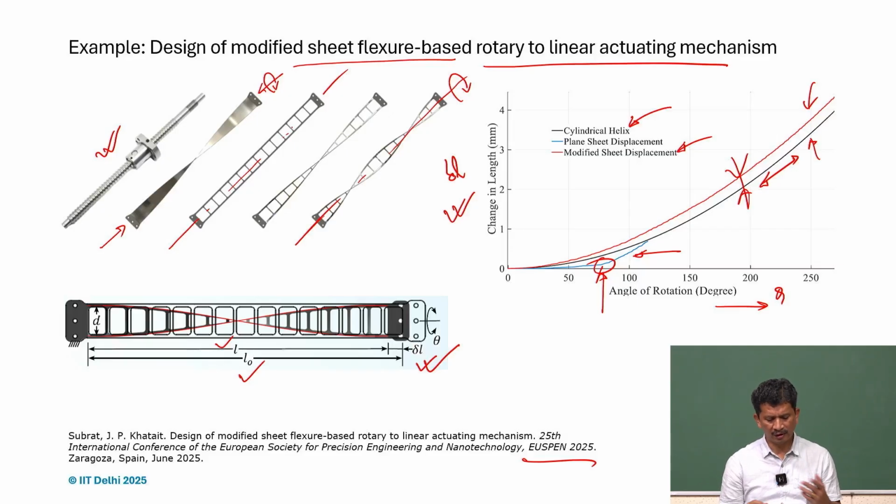These are things we can always try in our laboratories, or in the workshop, and depending on the application, you can use it. So again, a very good example, and we are working on developing different kinds of rotary to linear actuating mechanisms based on that.